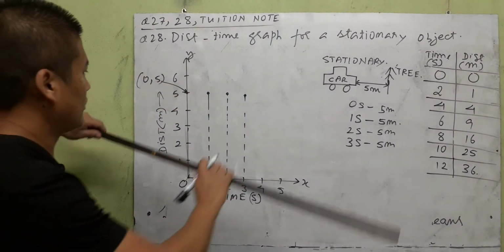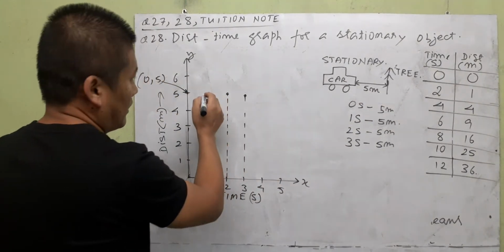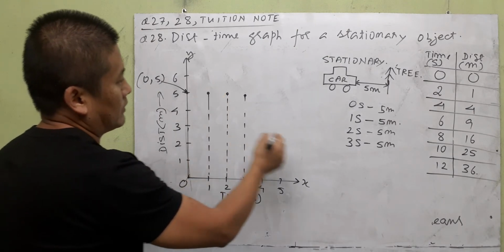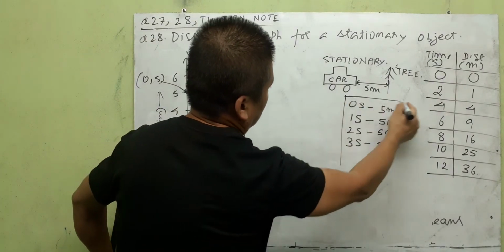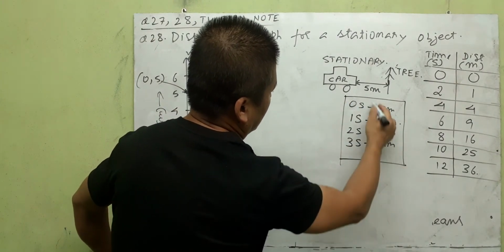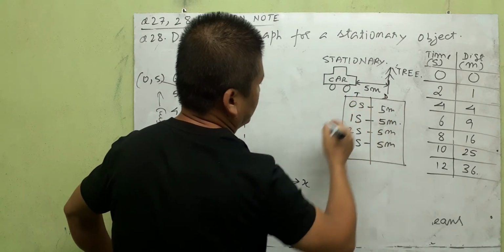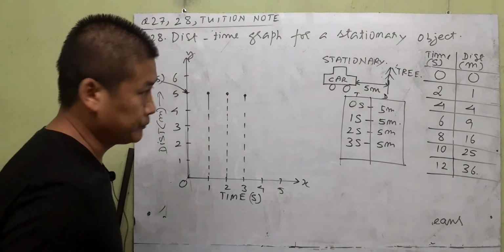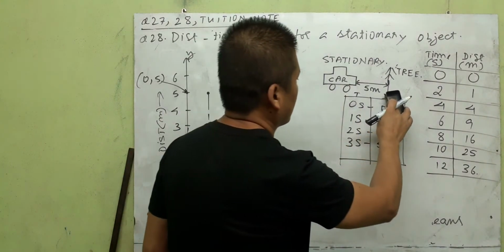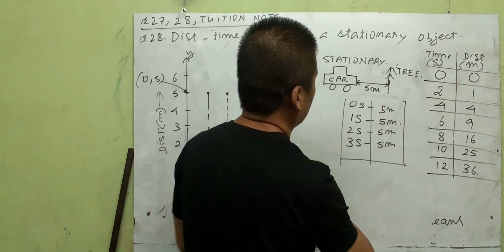If you join these dots, first one, after 1 second, let us say. So this is the table, okay? The table for time and distance. You can write it down if you want.